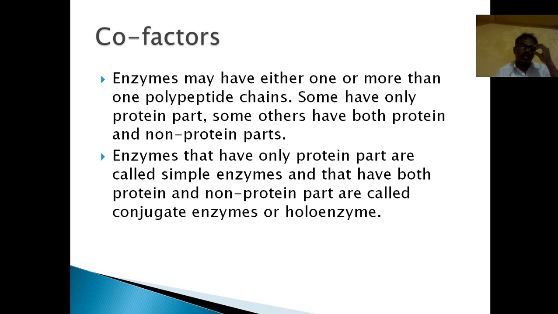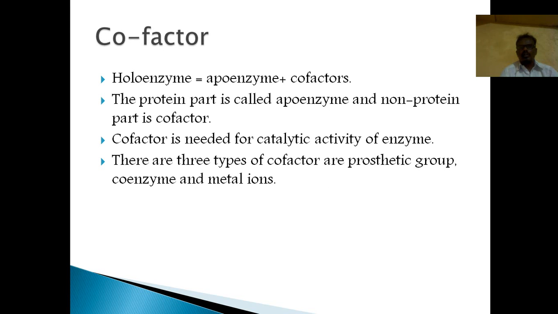The enzymes which consist of only the protein part are called simple proteins or otherwise apoenzymes, whereas enzymes which consist of both protein as well as non-protein parts are known as conjugate enzymes or otherwise holoenzymes. So holoenzyme equals apoenzyme plus cofactors. The protein part of the enzyme is called the apoenzyme, whereas the non-protein part is called cofactors.